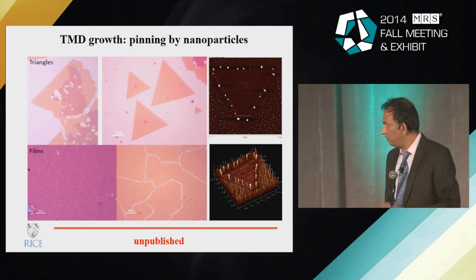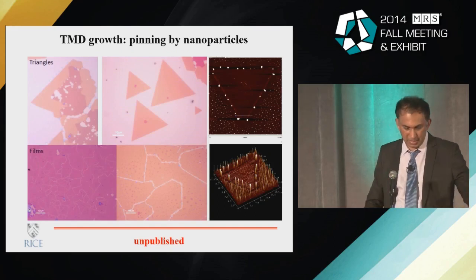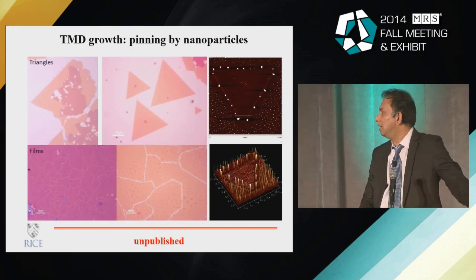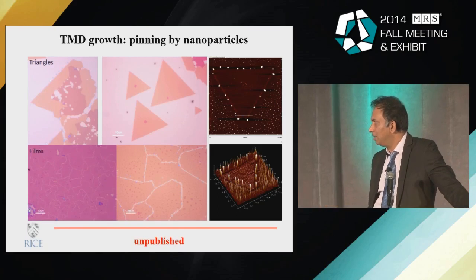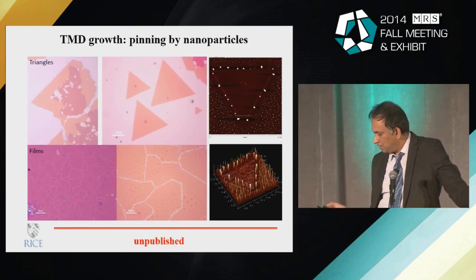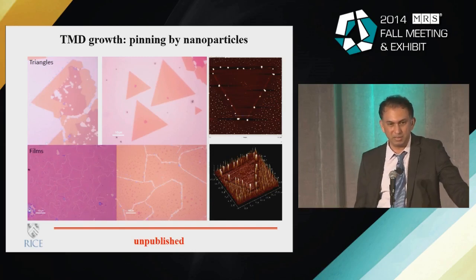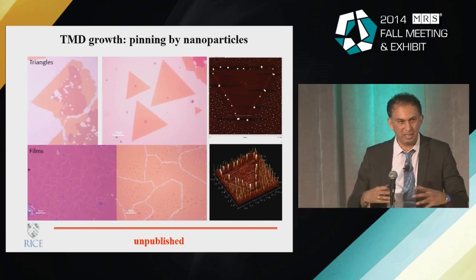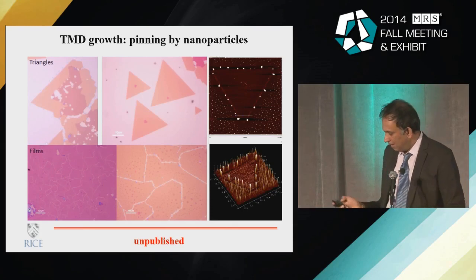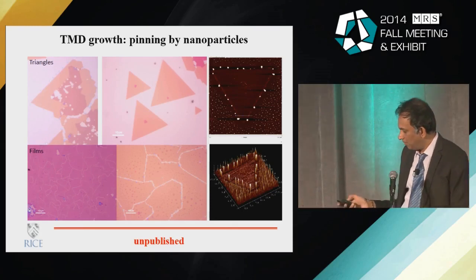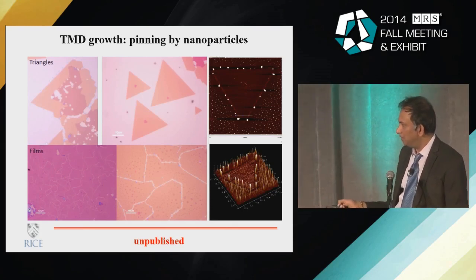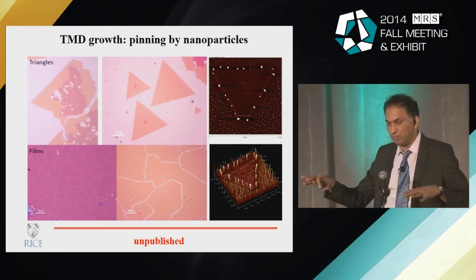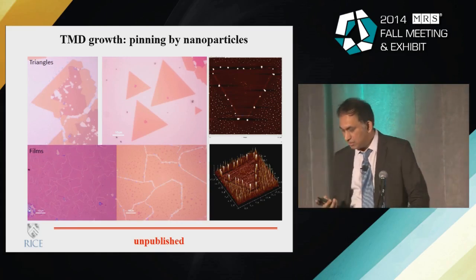One of the issues that we find in the growth of transition metal dichalcogenides compared to graphene and boron nitride is that many times these domains, as they grow, get pinned by some nanoparticles, and then they don't really complete their growth. And there are some curious effects. For example, this particular film that looks almost continuous over a large area is not really continuous.